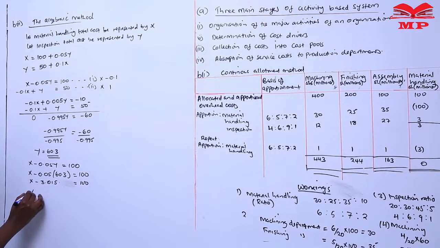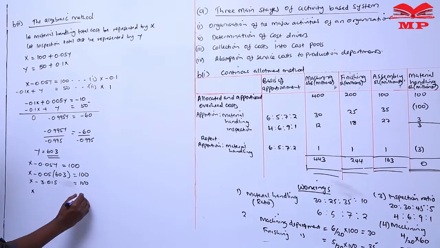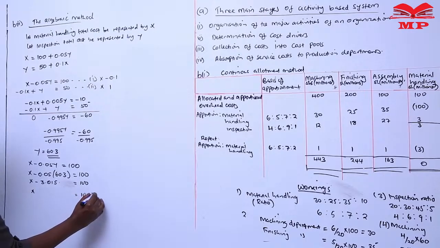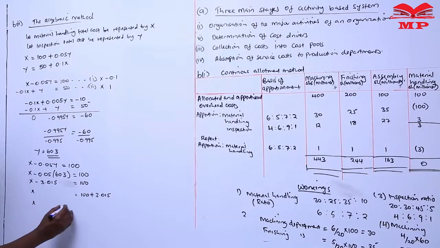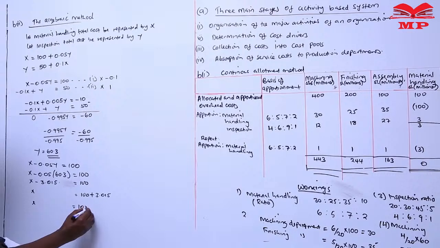Collecting the like terms, x will be equal to 100 plus 3.015. So x is just equal to 103. We round it off to a whole number, 103.